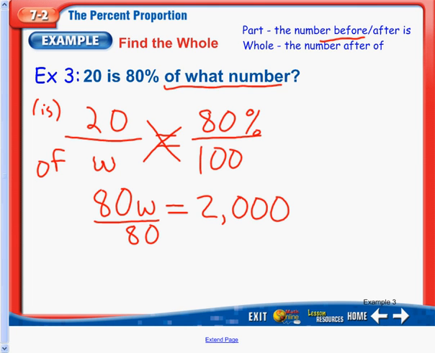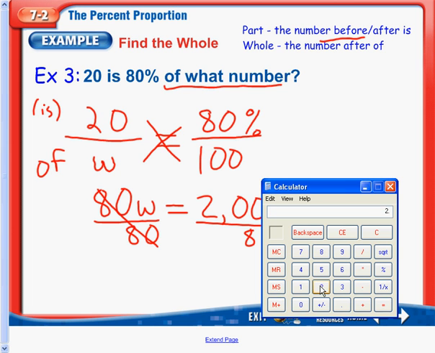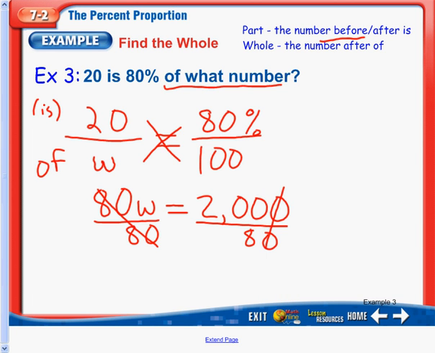Here our coefficient is 80, so we have to divide both sides by 80. Zeros are going to cancel out. 200 divided by 8 gives me 25. I could have also noticed that there are 8 quarters in $2, and that would be another way to notice. But now that leads us to W equals 25.